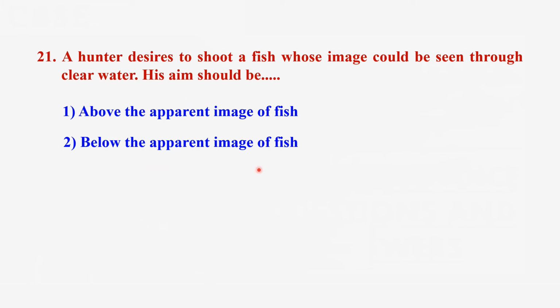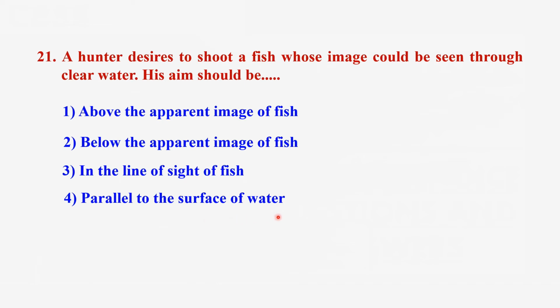Next. A hunter desires to shoot a fish whose image could be seen through clear water. His aim should be above the apparent image of the fish, below the apparent image of the fish, in the line of sight of the fish, or parallel to the surface of the water.